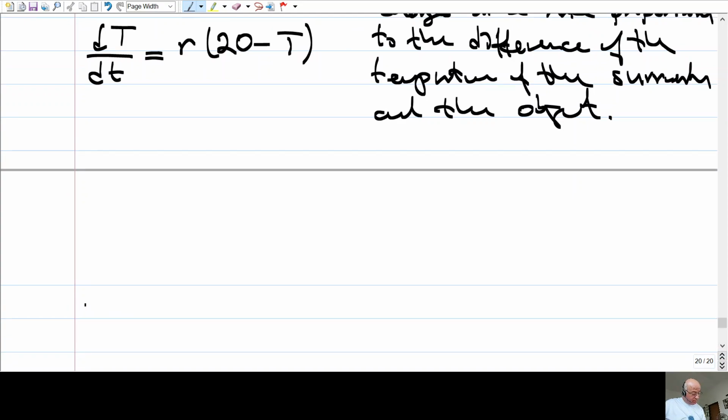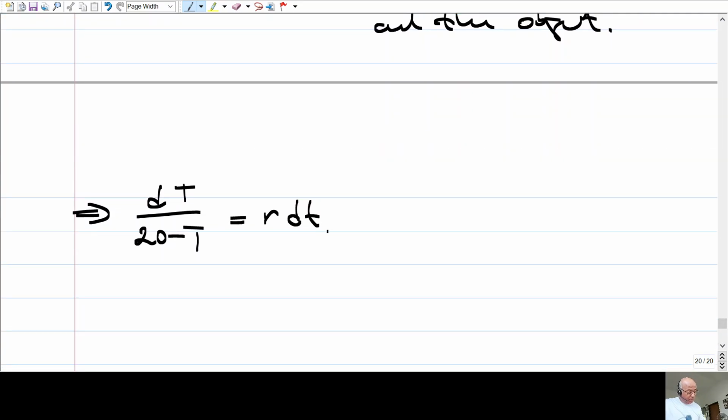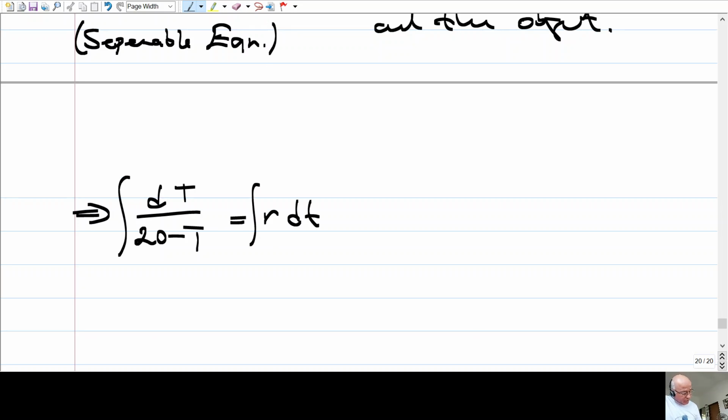This gives us a separable equation, right? dT over 20 minus T is equal to r times dt, right? This is a separable equation. And then we just integrate both sides and we get what?